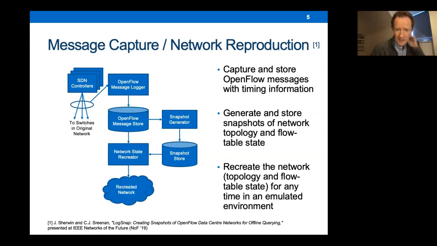And using those snapshots and the messages in the message store, reproduce the network quickly for whatever time point is required in the recorded history. And the reproduced network is an emulated copy of the original network with the switches, the hosts, the links, and the flow table contents.